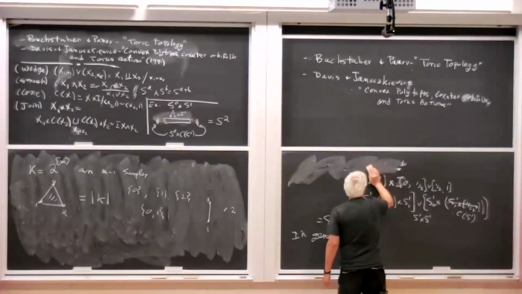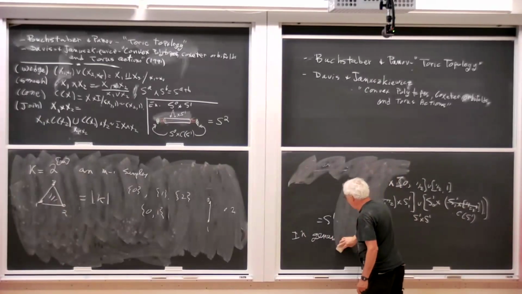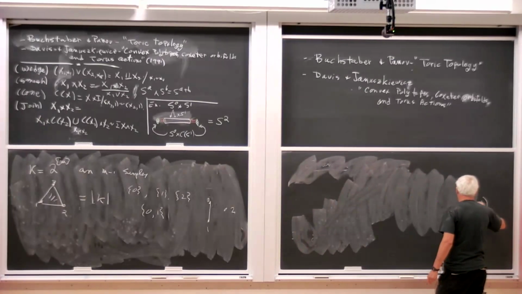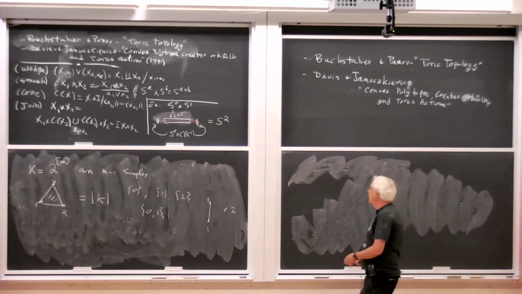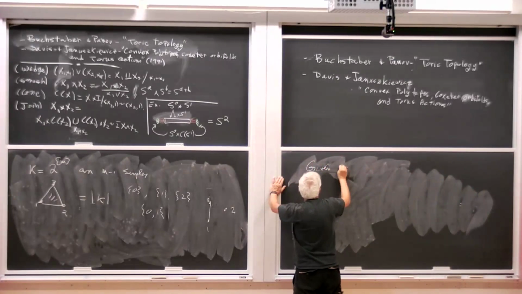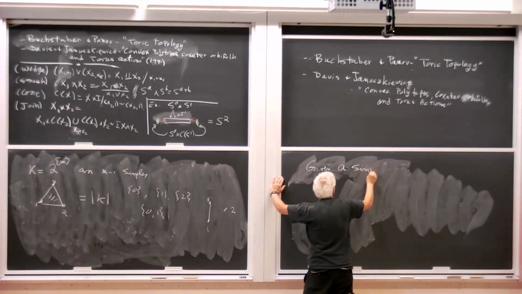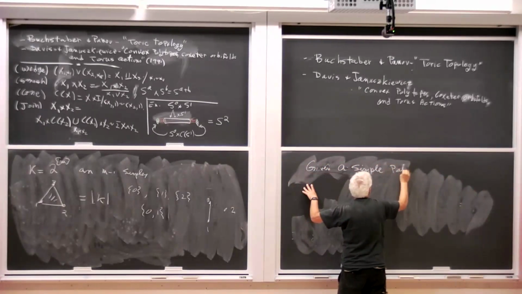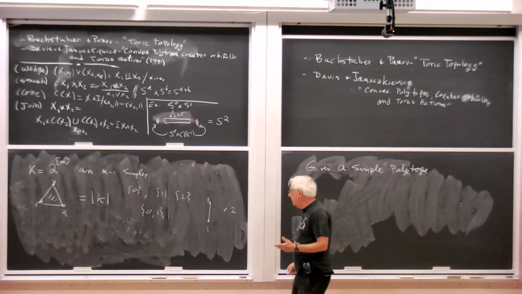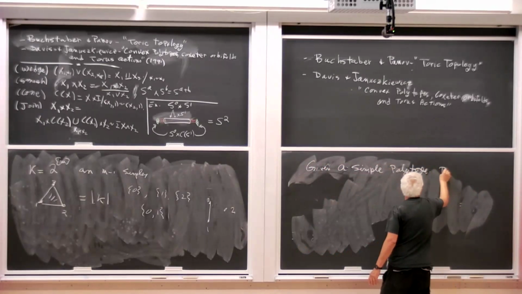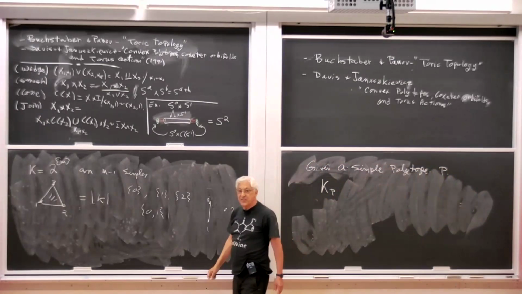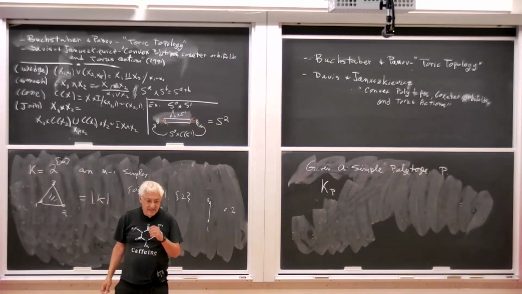So what is the use of that? Well, given a simple polytope, we are going to start with a simple polytope P and construct a simplicial complex K_P.